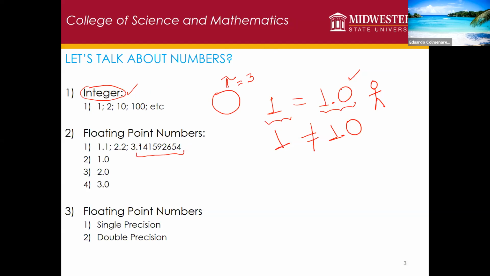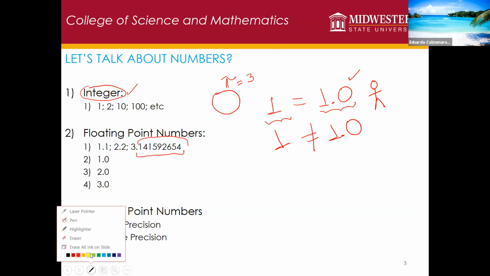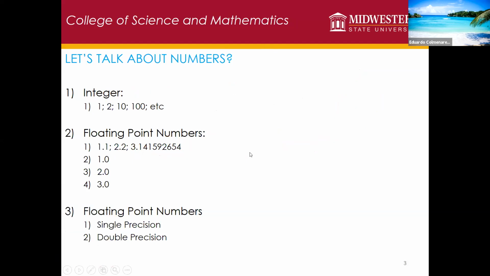Okay, so computers provide a means for us to represent this kind of things. So in reality, in science, most of the problems are going to be dealing with this type of data that you see here, which is going to be floating point numbers. All right, going a little bit further, floating point numbers can be divided into two big groups.